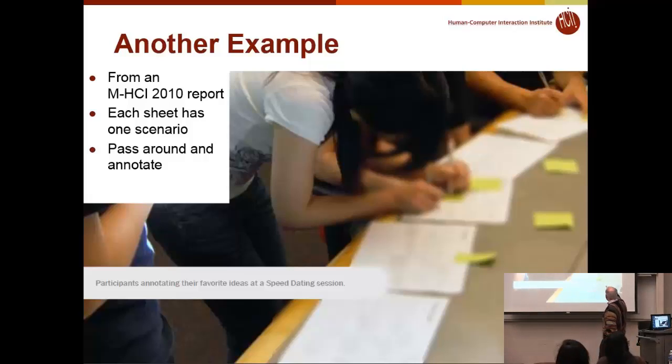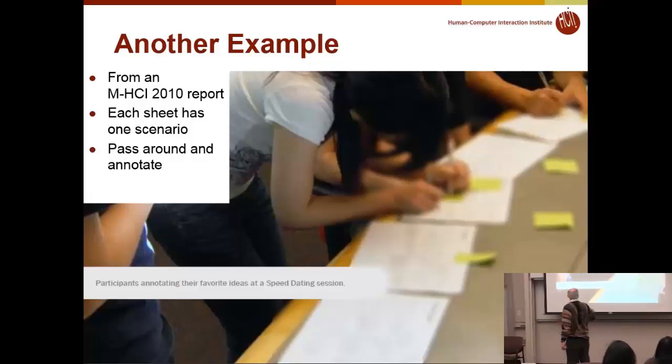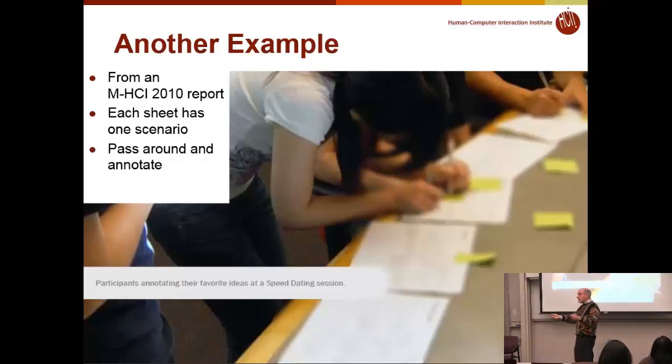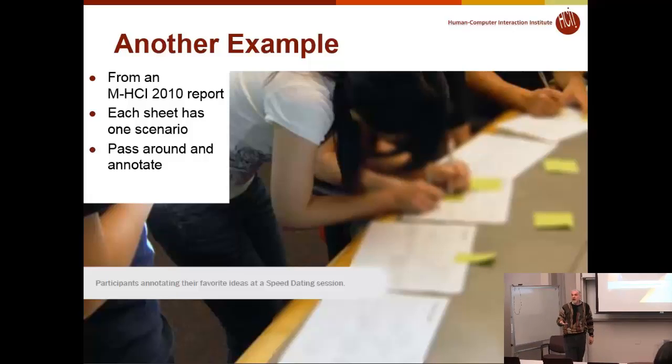And they saw one of these little comic strips, and they were given sticky notes, and they were supposed to write down what they thought of them, whatever they could write down in 2 minutes. And then they handed the scenario to the next person, and they got a new scenario in front of them. And then in the end, you end up with these 22 scenarios with a whole pile of sticky notes of what everybody thought about them.